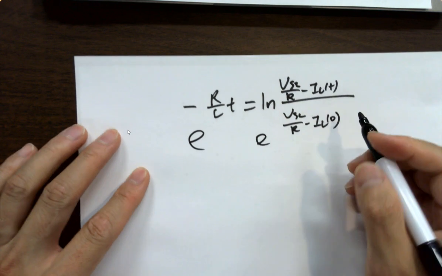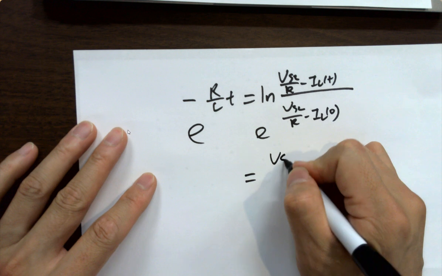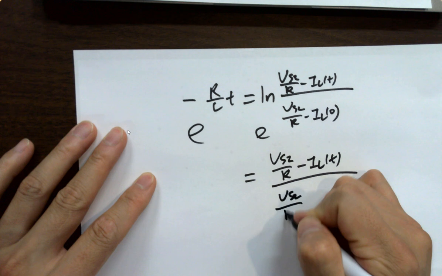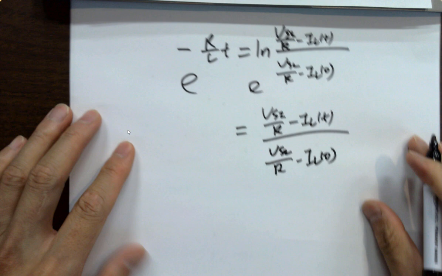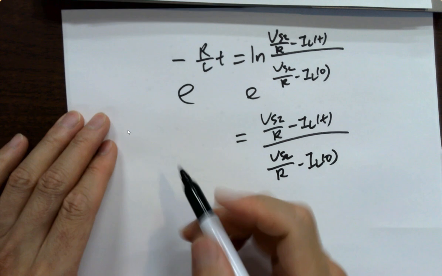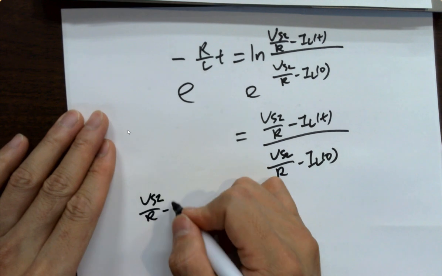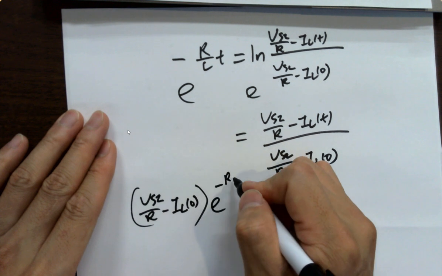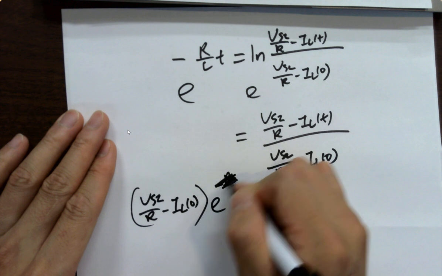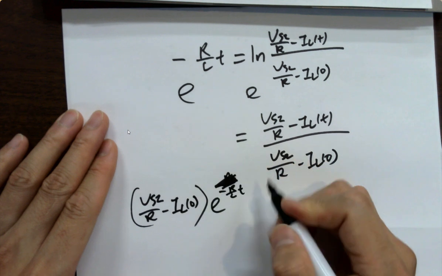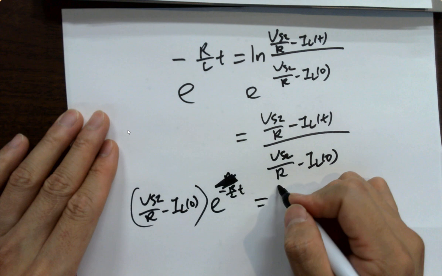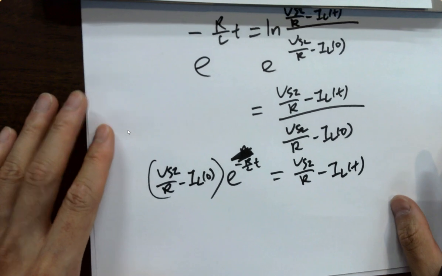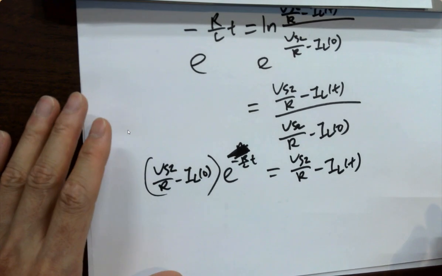E is exponential here, so this becomes... move to the left. Right?